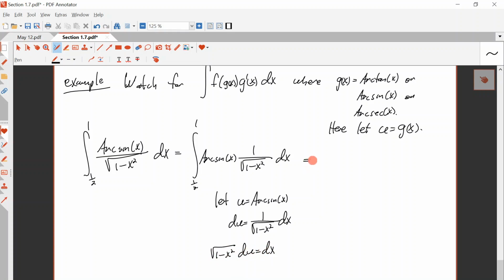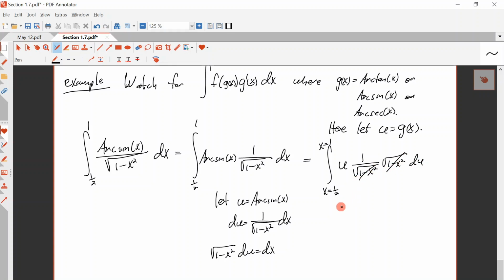Make your substitution. So that's the integral from x equals 1/2 to x equals 1. Arc sine is u, times this, 1 over square root 1 minus x squared, times square root 1 minus x squared du.